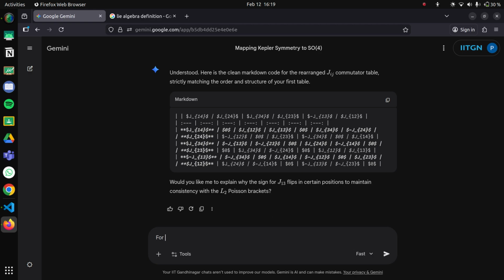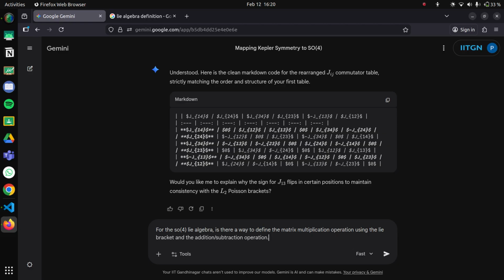For the SO4 Lie algebra, is there a way to define the matrix multiplication operation using Poisson brackets, using the Lie bracket and the addition operation, addition slash subtraction? This is the same thing. I mean, a subtraction is basically just addition with an inverse.